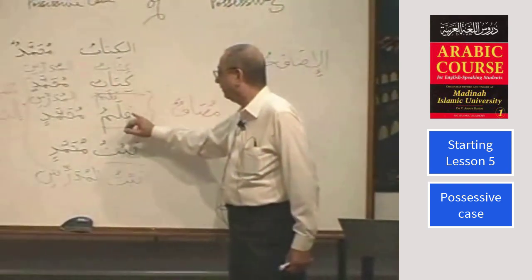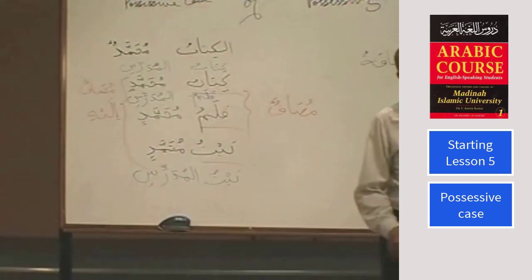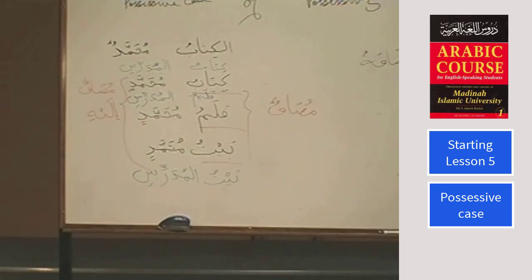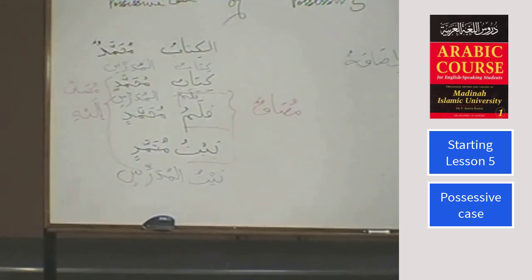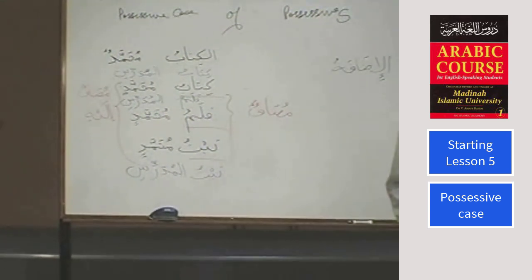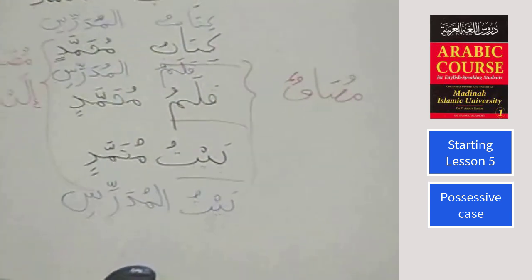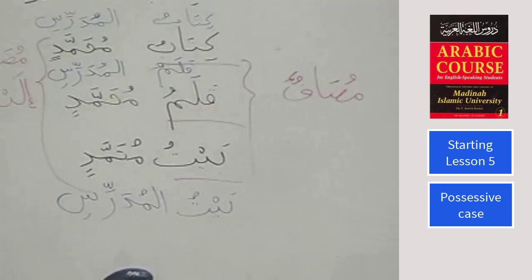If I say pen of Muhammad, then Kalamu Muhammadin. Pen of the teacher, Kalamul Mudarrisi, because it's al-mudarrisi. Al-mudarrisu became al-mudarrisi. The house of the teacher, what will you say? Baitul Mudarrisi.